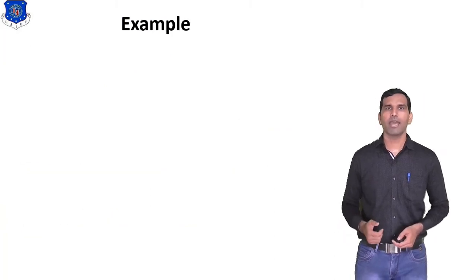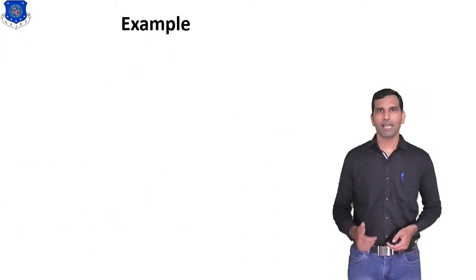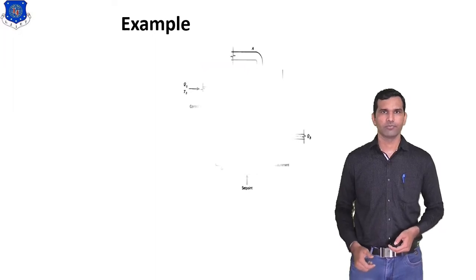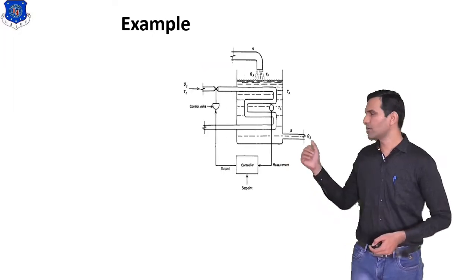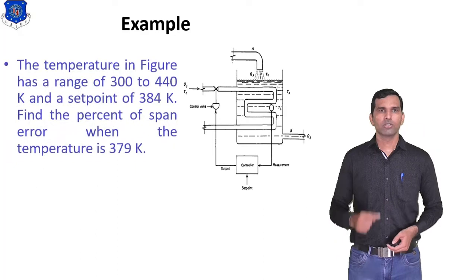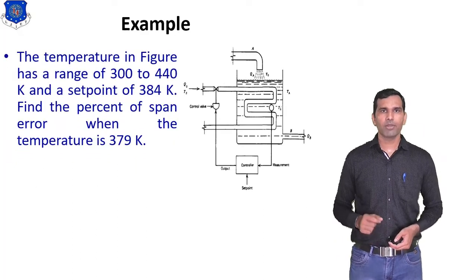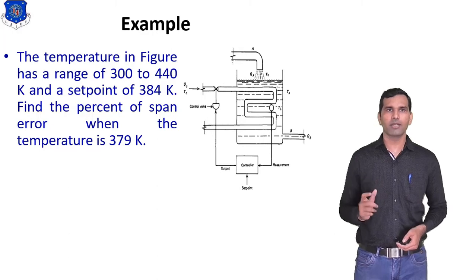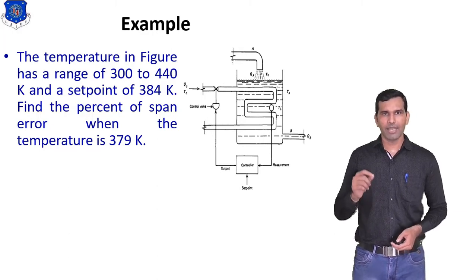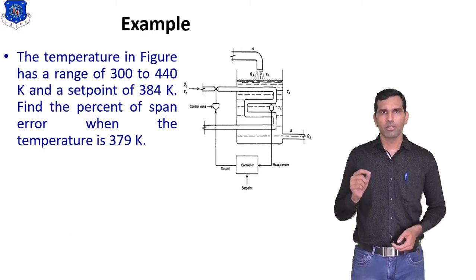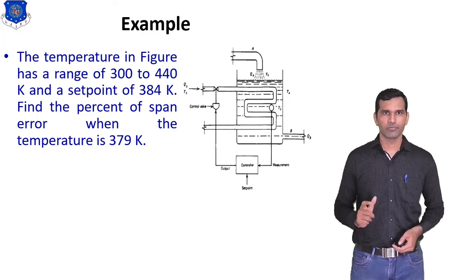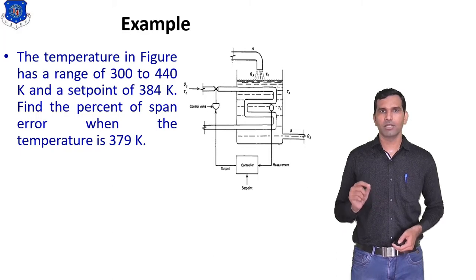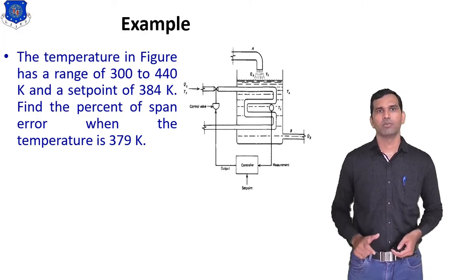Now we take one example for the error calculation. So this is the figure of this example. Here the temperature in the figure has a range of 300 to 400 Kelvin and a set point of 384 Kelvin. Find the percent of span error when the temperature is 379 Kelvin.